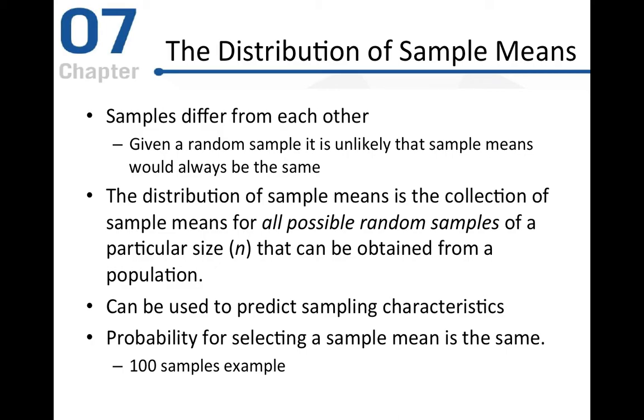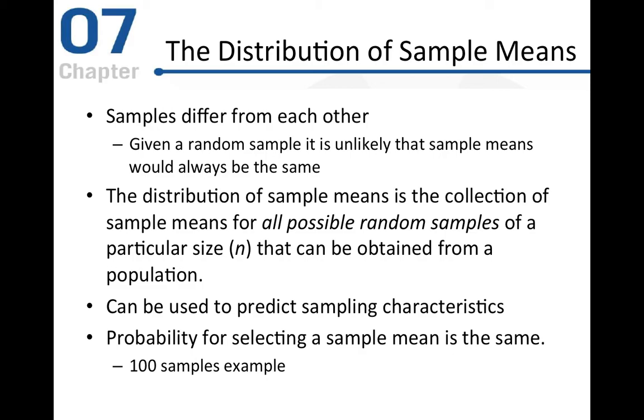The same holds true for the distribution of sample means. Essentially, if we have 100 sample means ranging from 1 to 100 again, and everyone is unique, what is the probability of us selecting a sample with a mean of 25?